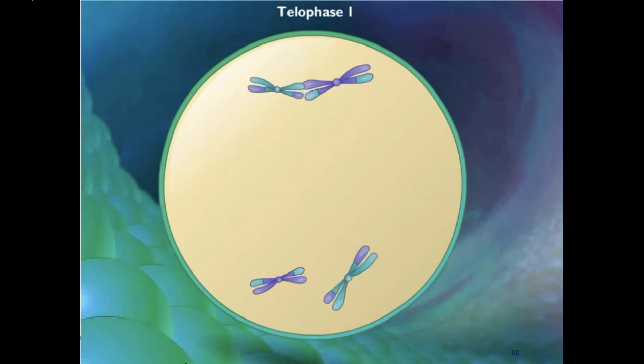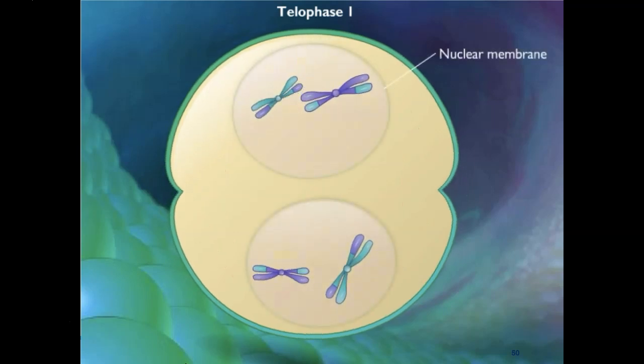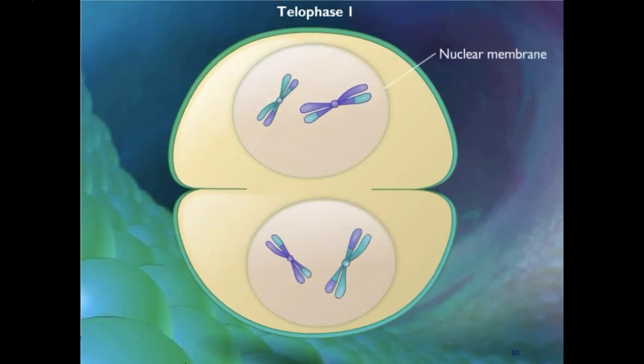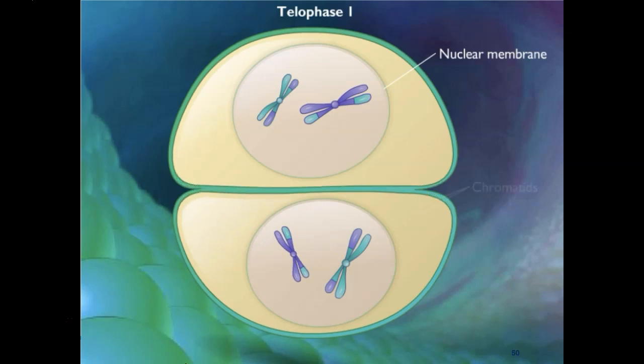During Telophase I, the spindle disappears and nuclear membranes reform around the daughter nuclei. Each daughter nucleus contains two sister chromatids attached to a common centromere to form one chromosome. If crossing over has occurred, the two sister chromatids are not identical.